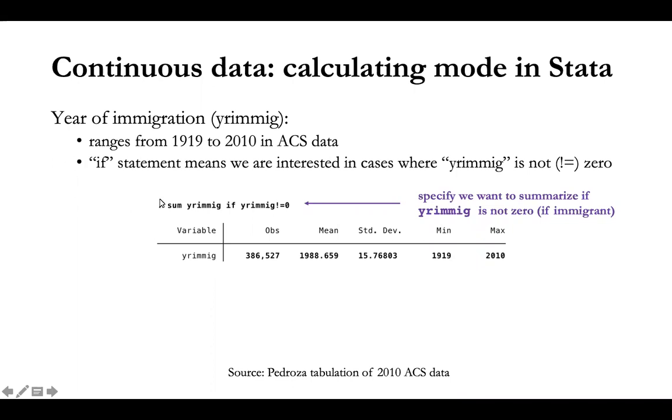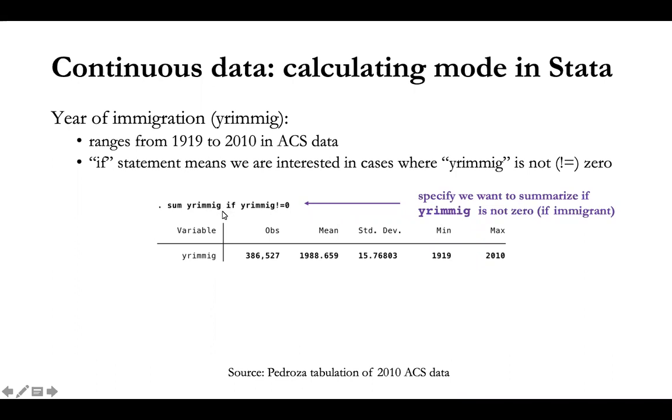How are we going to do this? Well, look at my command here. I've got summarize. I want to summarize this continuous variable. You could tabulate year of immigration, but if you did that, you'd get this really long list of years. That's not very useful. So we summarize year of immigration if the year of immigration is not 0. That's our if statement.